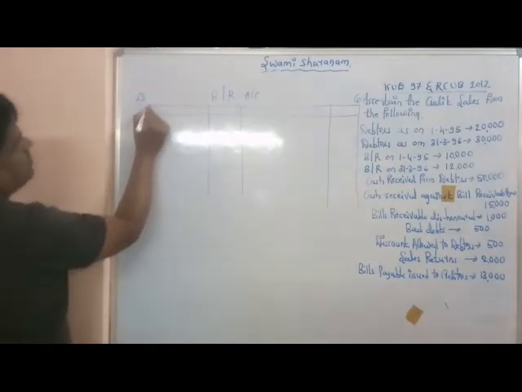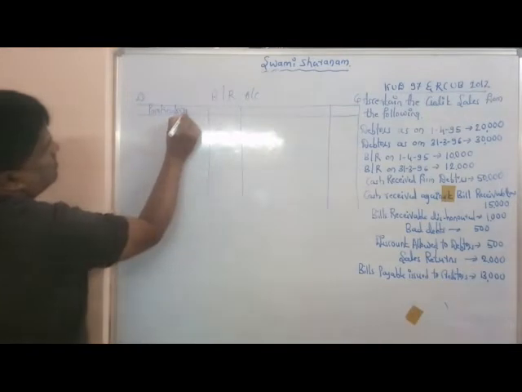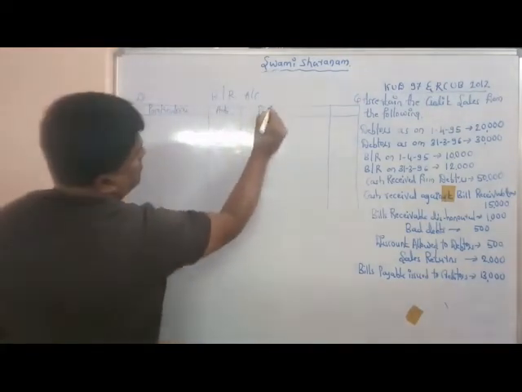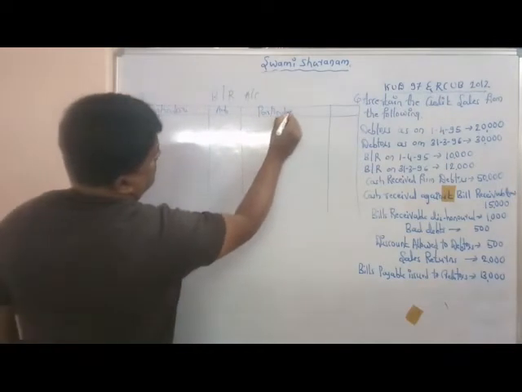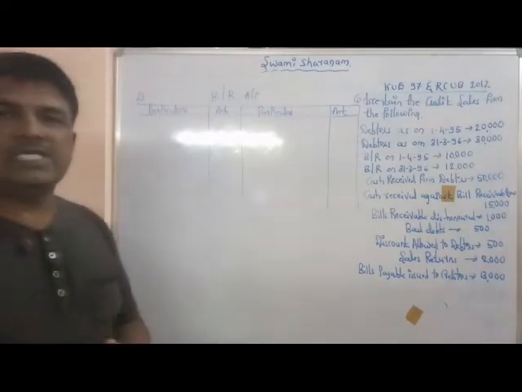We will create particulars, amount, then particulars, amount. Okay, it is the bills receivable account.